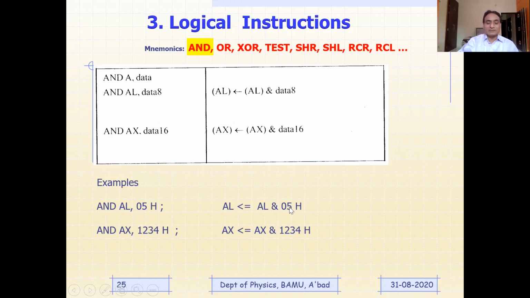So this 05 is going to be logically ANDed with the content of AL and it is going to be updated in AL. Similarly, AND AX comma 1234. You can see why it is 1234, because this is a 16-bit register. So we have considered 16-bit data here. This 16-bit data is going to be logically ANDed with the content of AX. The result is going to be in AX.